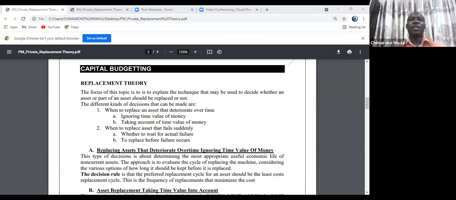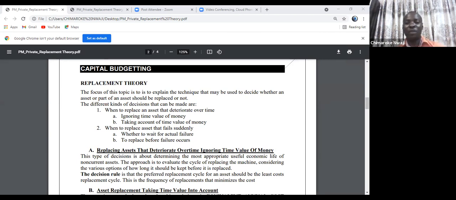Another could say, let's replace every 2 years. So every 2 years, you keep replacing. So in a 12-year period, you would have replaced 6 times. Another could say, let's replace every 1 year. There are some people who replace their vehicles every 1 year, so you have 12 replacements in a 12-year period.